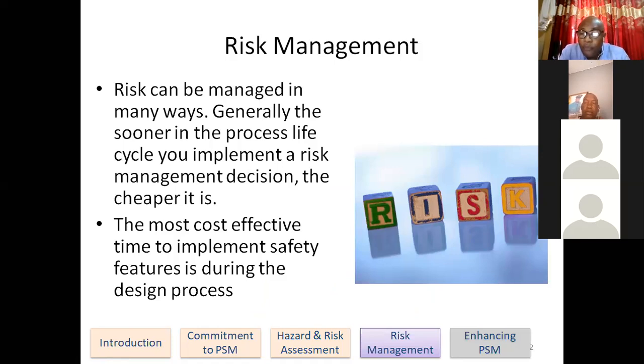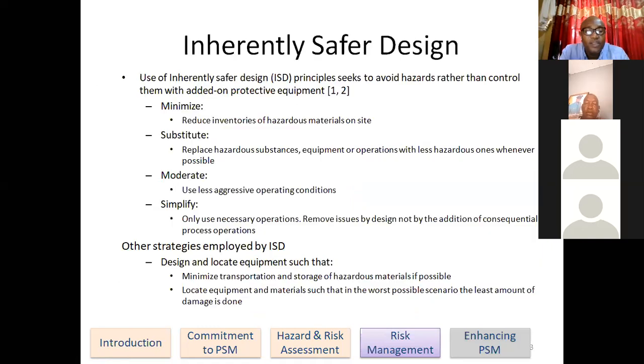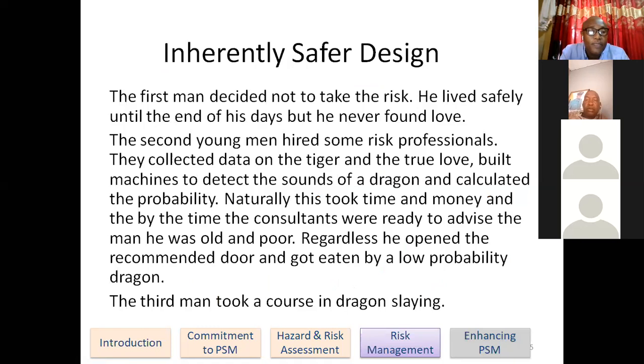No. Incorporate risk management at the early stage of designing. And while you do that, you do what you call inherent safety design. You put safety design as an inherent safety design procedure in it so that it will help you to reduce risk.